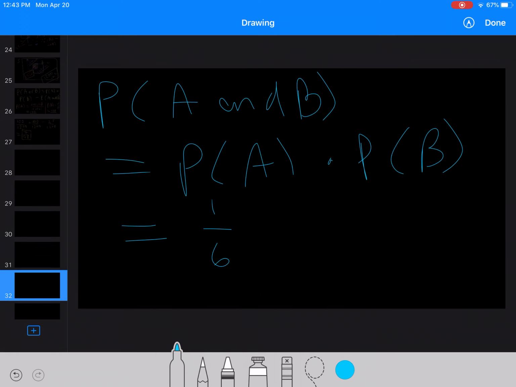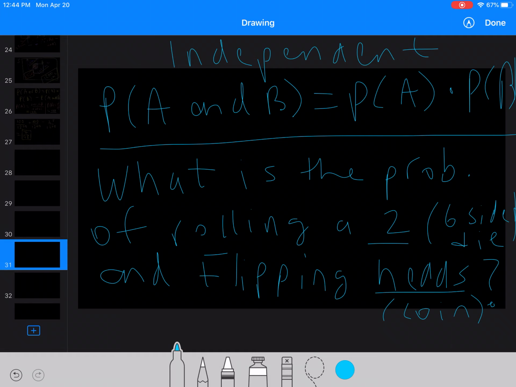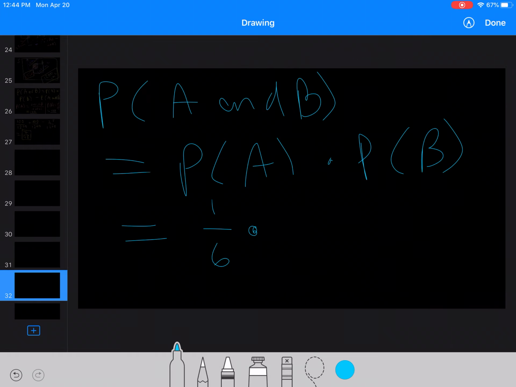So 1 out of 6 times event B, my desired event is heads and there's 2 possibilities. So it'll be 1 out of 2. So if I multiply these together, my probability is just 1 over 12.